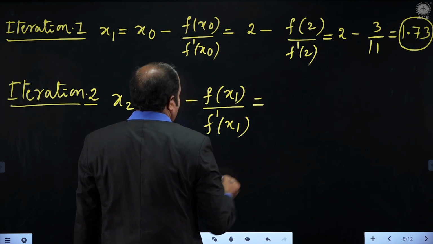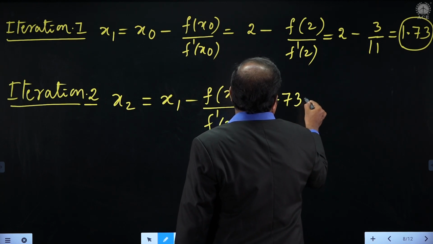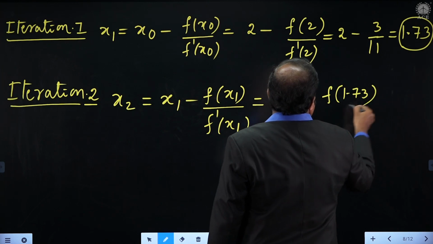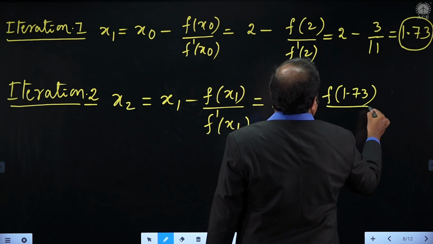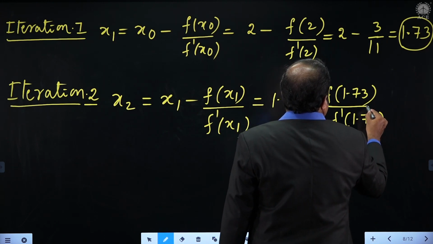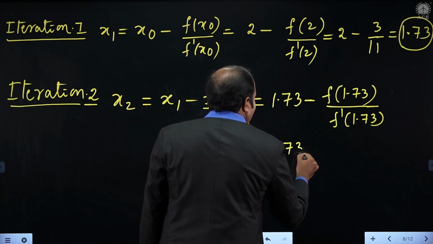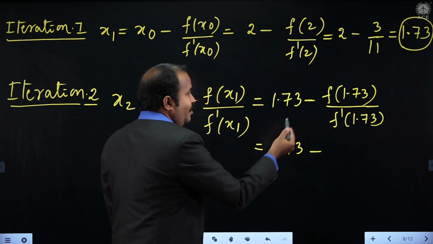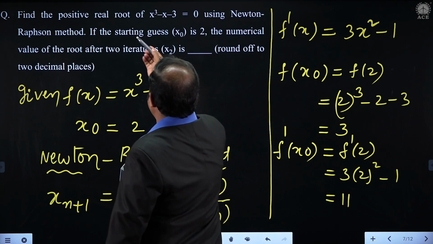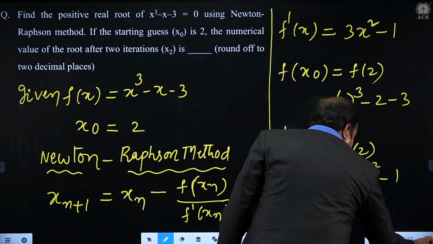So here x1 means what here? 1.73 minus f of 1.73 by f dash of 1.73. So, this is equivalent to 1.73 minus f of 1.73. f of 1.73 means what? This is the function, x cube minus x minus 3 only. So, substitute x as 1.73.